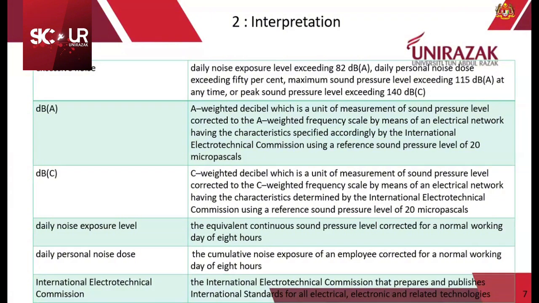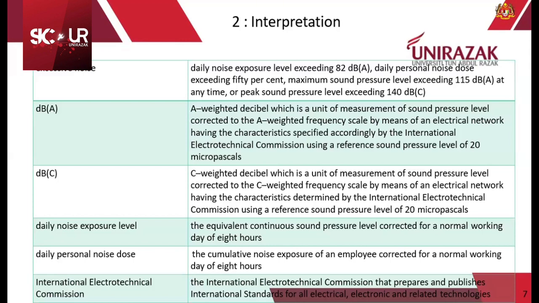Apa itu decibel A? A weighted decibel which is a unit of measure of the sound pressure level corrected to the A weighted frequency scale by means of electrical network having their characteristic specified accordingly by the International Electrotechnical Commission, using the reference sound pressure level of 20 micropascal.